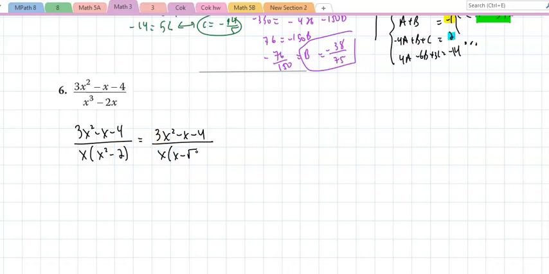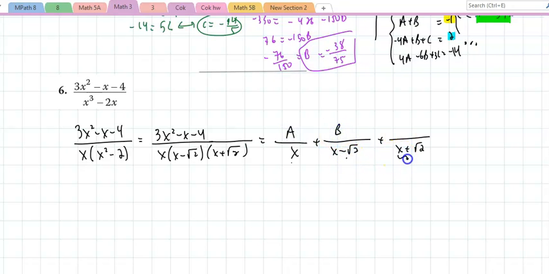Isn't that x minus radical 2 into x plus radical 2? And we're going to say this fraction must have came out of, and since that's linear, a power less. All I need to do is find A, B, C, and I'm done. Clear the fractions.